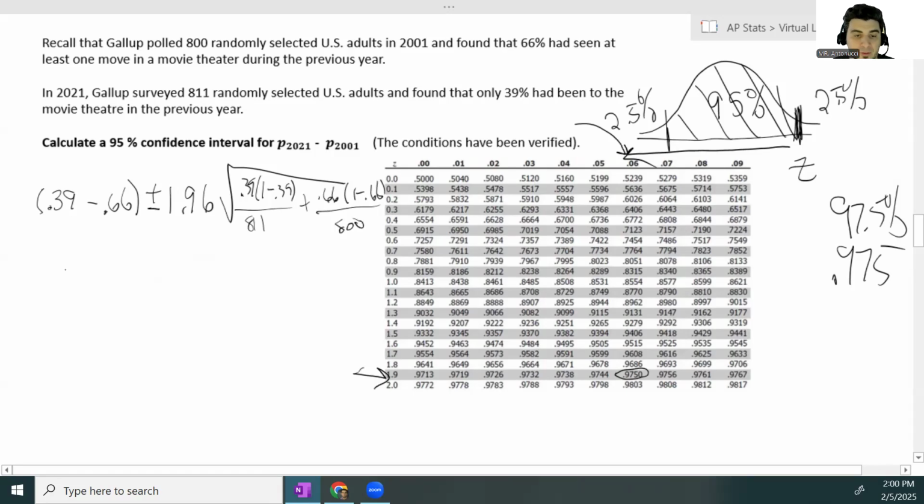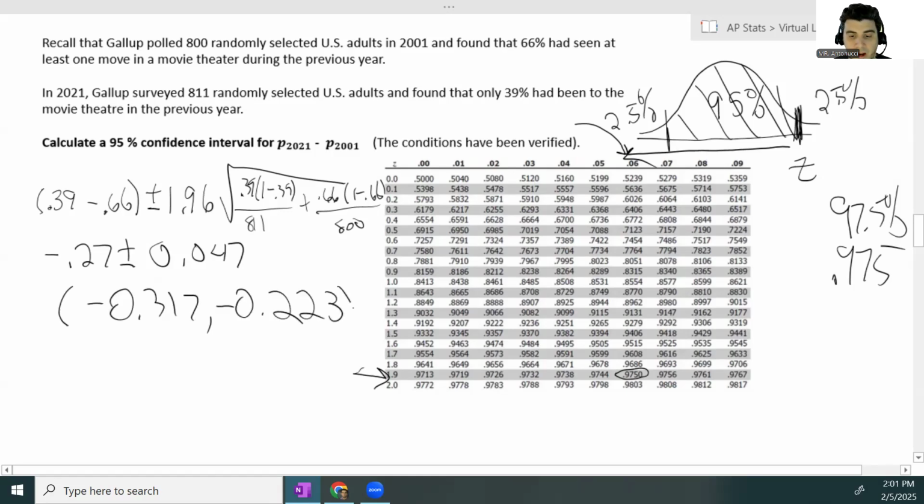Okay. Now, if you perform the calculations, you're going to get negative 0.27 plus or minus 0.047, which is going to give us a confidence interval of negative 0.317 to negative 0.223. Now, I didn't write it incorrectly because remember, these are negative numbers, so the lower number comes first, which is more negative than negative 0.223.